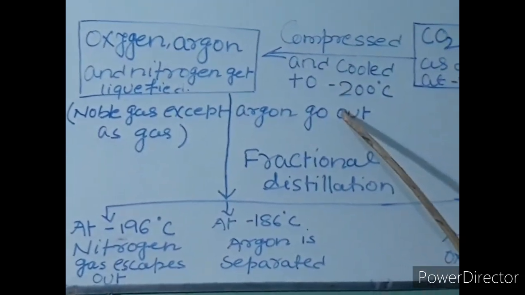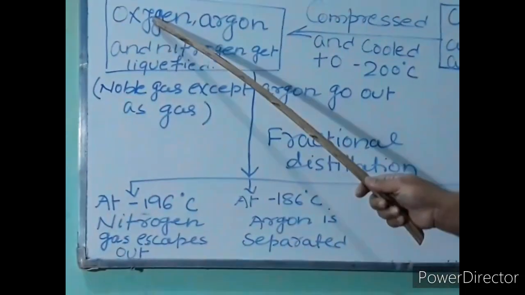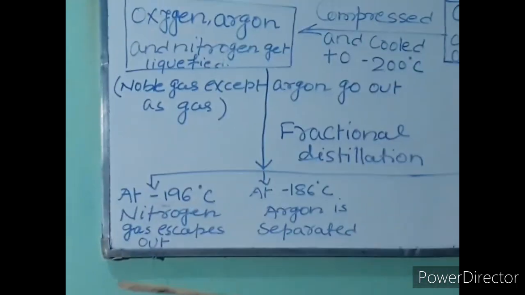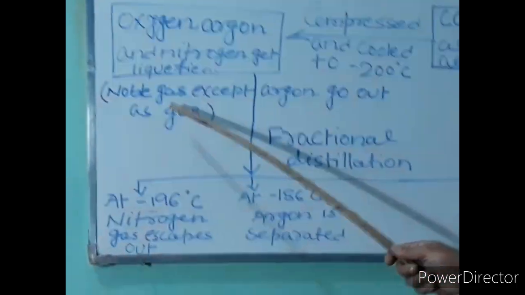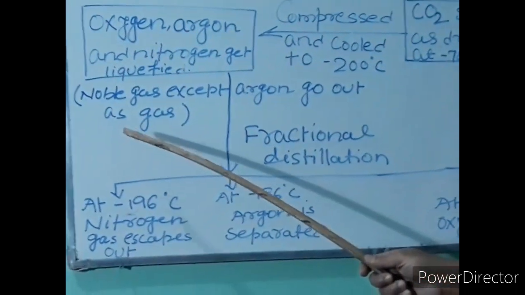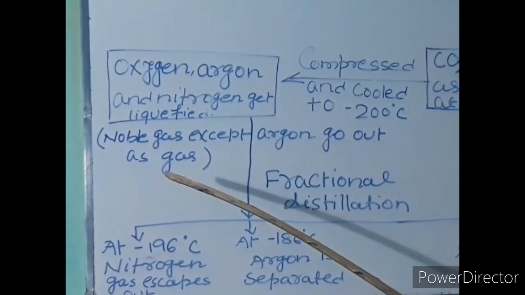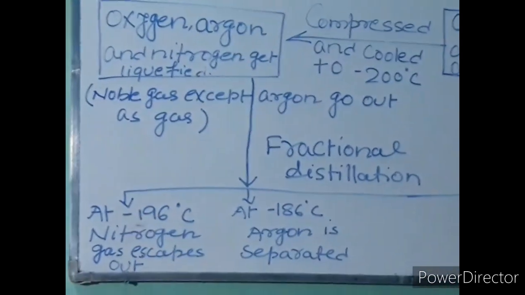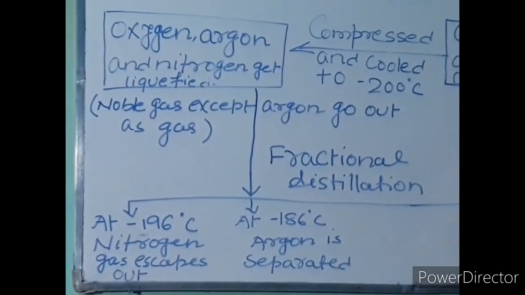At minus 200 degrees Celsius, oxygen, argon and nitrogen convert into liquid form, and noble gases except argon go out as gas. So helium, neon, krypton, xenon and radon escape out in the form of a gas.